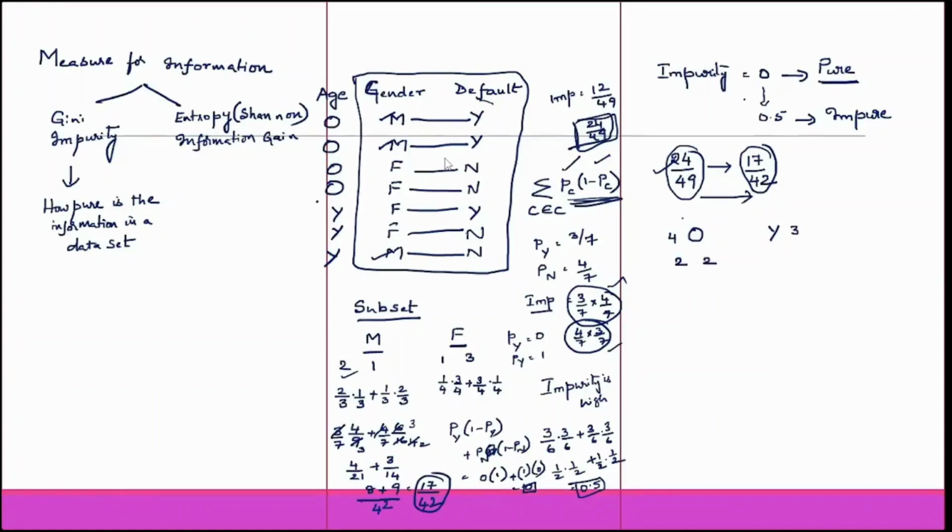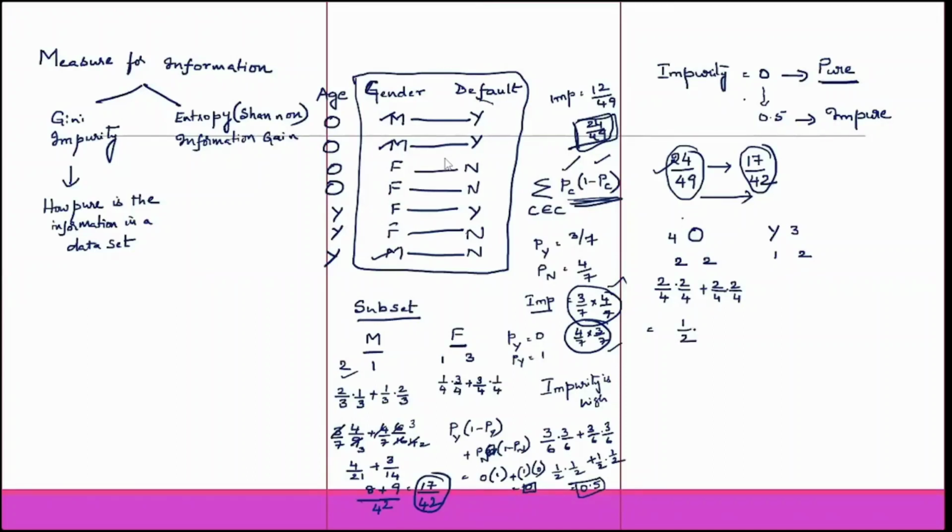Whereas out of the young, 1 is default, 2 is not default. So if I do the same exercise here, probability is 2 by 4 into 2 by 4 plus 2 by 4 into 2 by 4. So making it 1 by 2 into 1 by 2, 1 by 4, 1 by 4 plus 1 by 4, which is becoming 1 by 2.